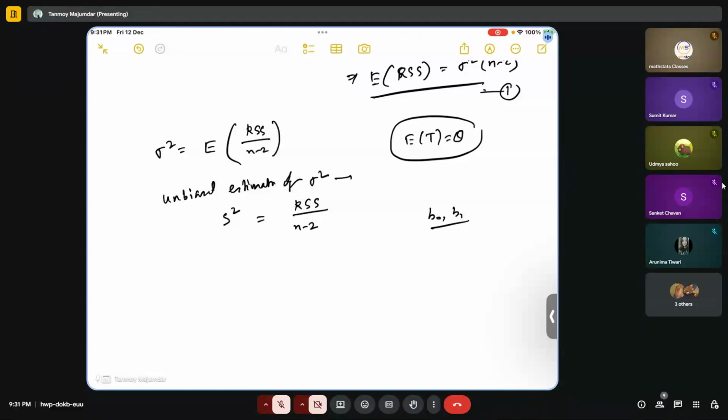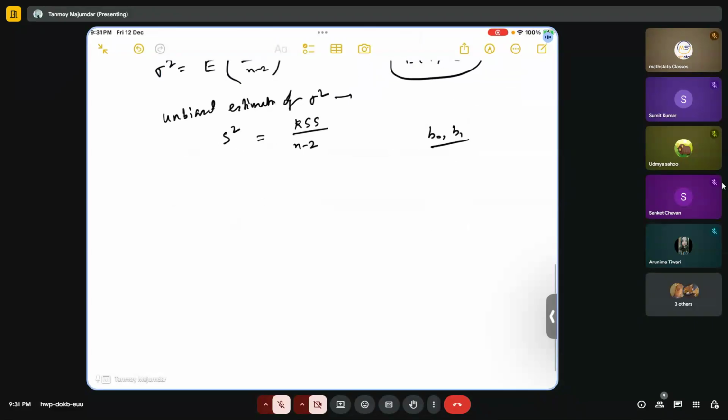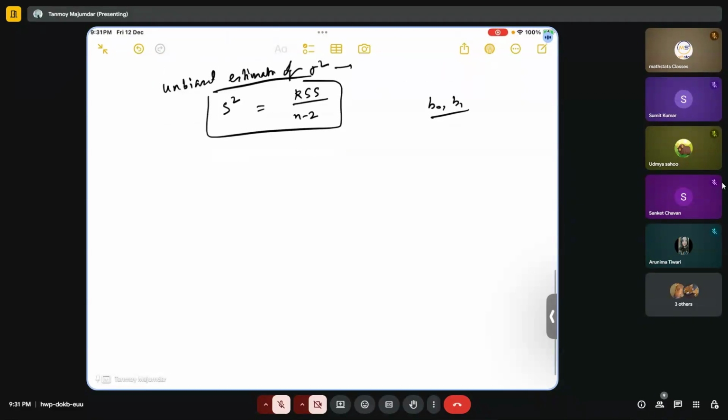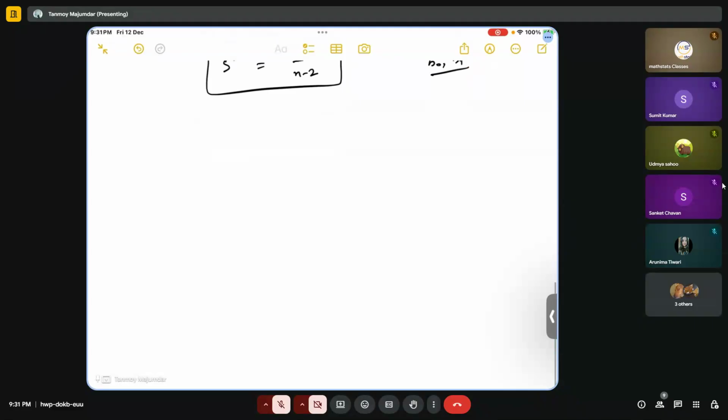Since S square depends on the estimate of b0 and b1, we can say it is a model dependent estimate. That is the thing we have to remember: S square equals residual sum of squares by n minus 2. So these are basic formulas, and whenever we need, we have to use them.